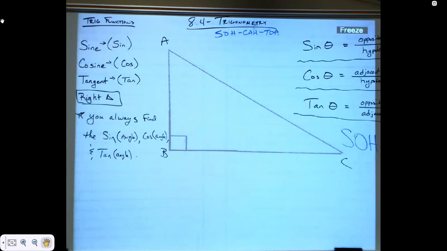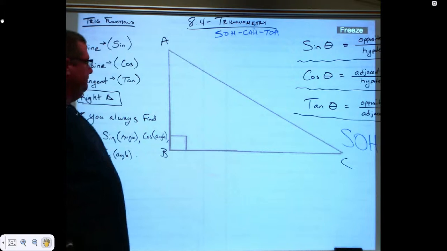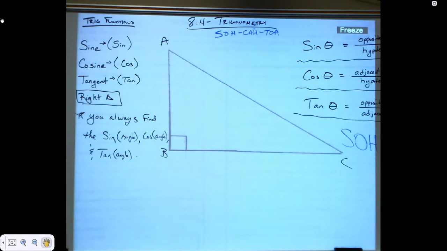It is a little saying to help you remember which one is which. So I got this part down. Let's get that written down and then we will discuss a little of this.